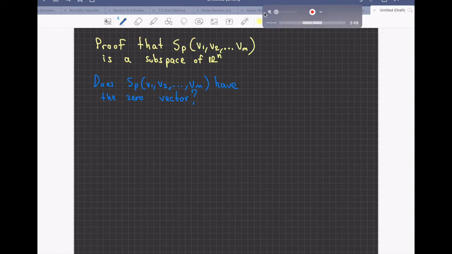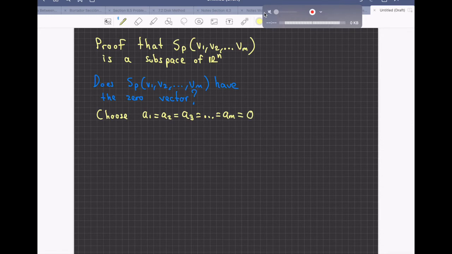Yes, it's very simple. Just choose all the coefficients A1 equal to A2 equal to A3 and so on, all of them equal to AM equal to 0.